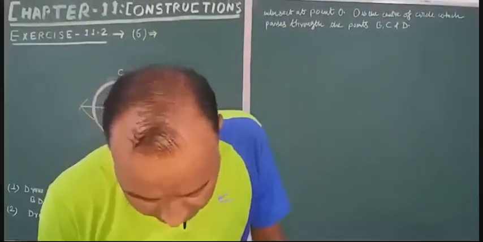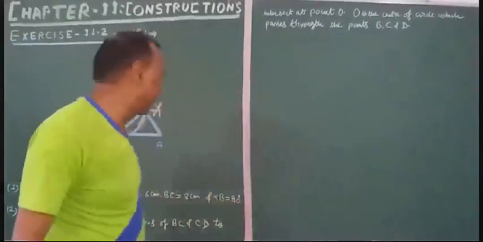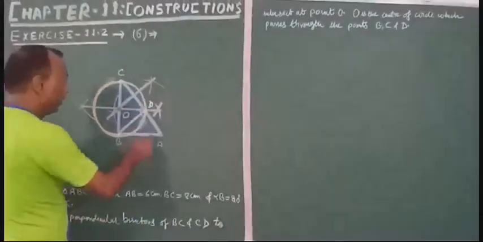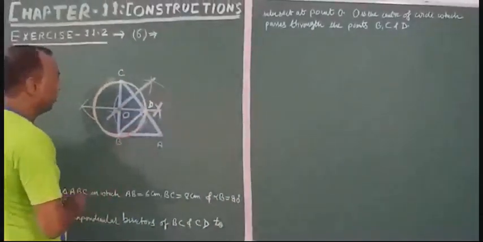Construct the tangents from A to this circle. Now from A, we have to construct the tangents to this circle.